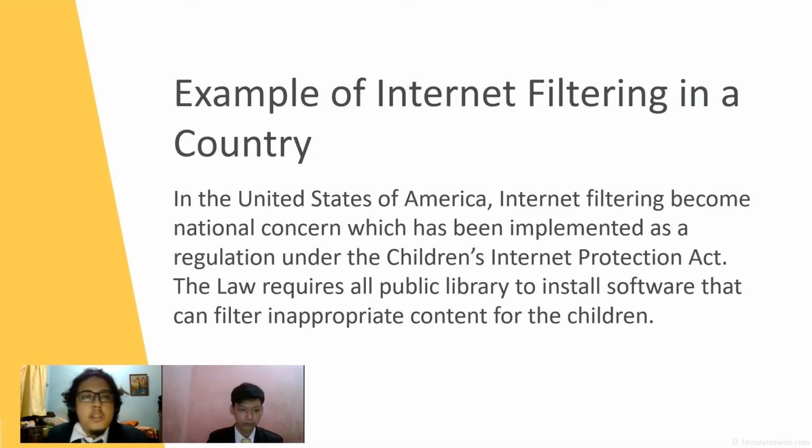Next are examples of internet filtering in various countries. The first country is the United States of America, where internet filtering has become a national concern, implemented as a regulation called the Children's Internet Protection Act, which is a law requiring public libraries or schools to install internet filtering to filter inappropriate content for children.